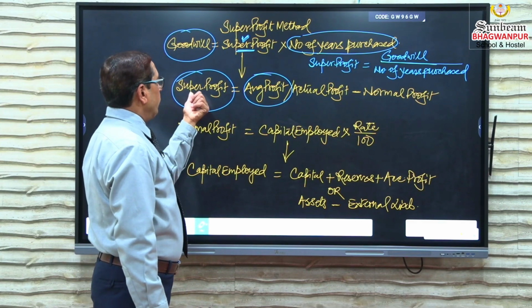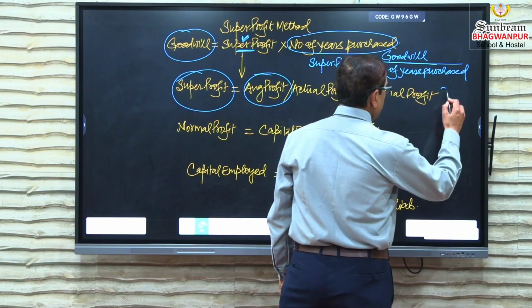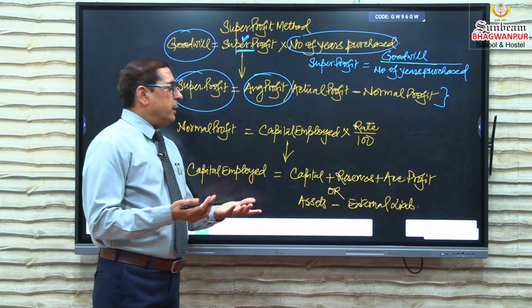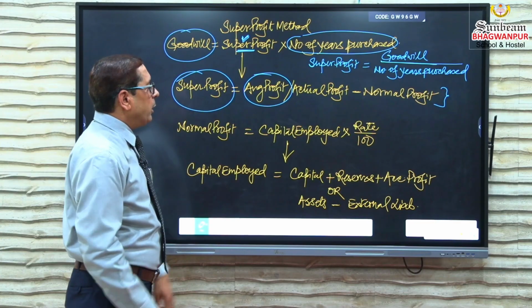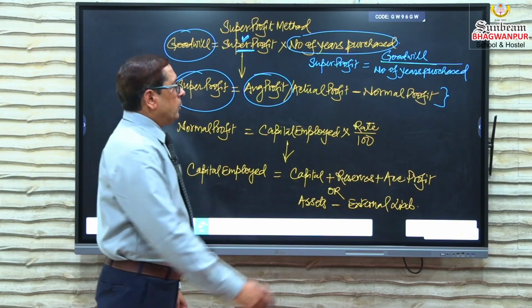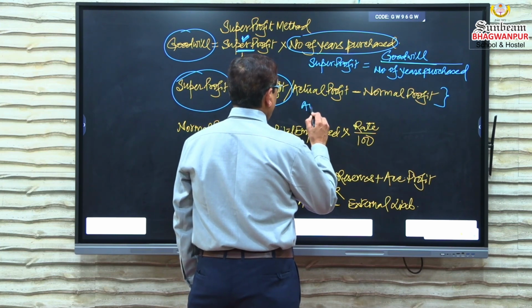Now, super profit is known, and you have to find out the normal profit. For normal profit, you can use this formula: capital employed multiply rate upon 100. Then what will be the actual profit or average profit?